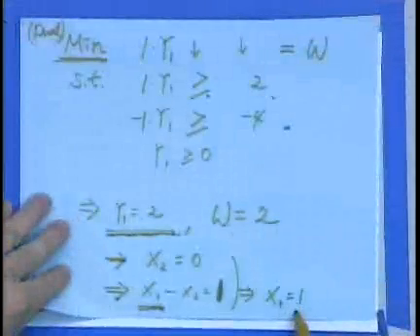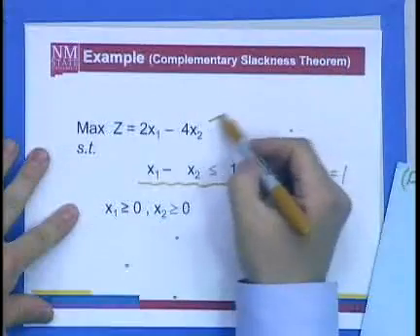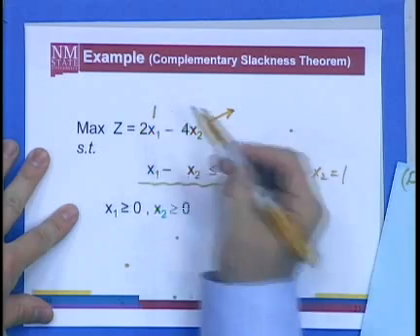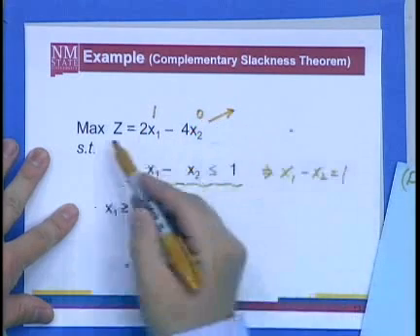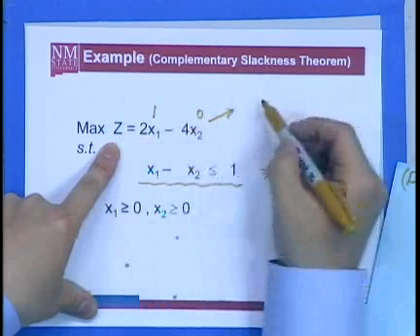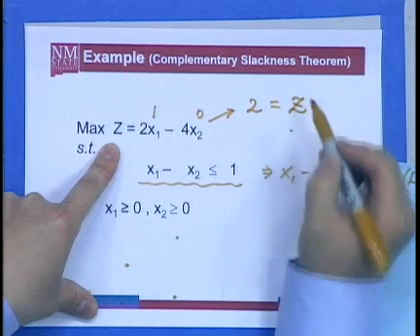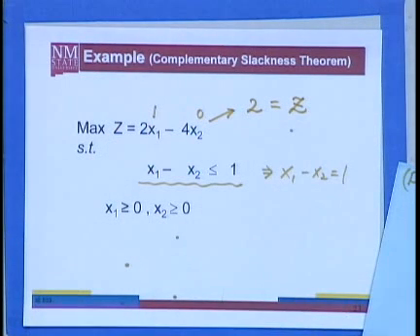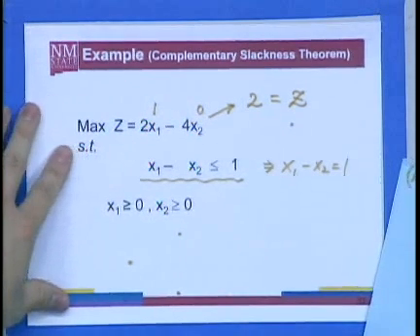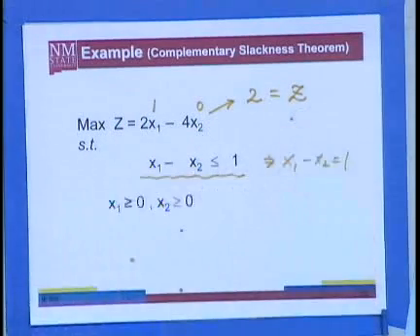So x1 equals 1 and x2 equals 0. The objective function value of the primal problem becomes 2, right? Is that correct? So we've obtained the primal objective function value using the complementary slackness theorem.